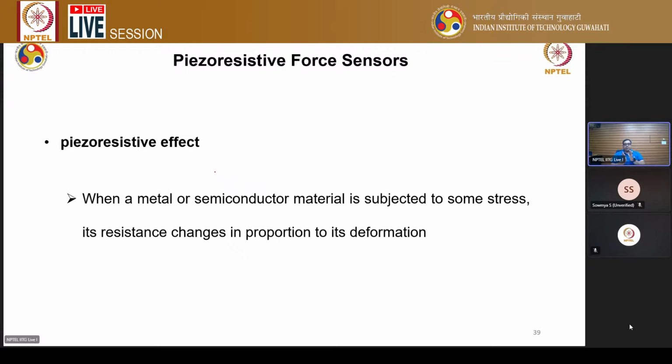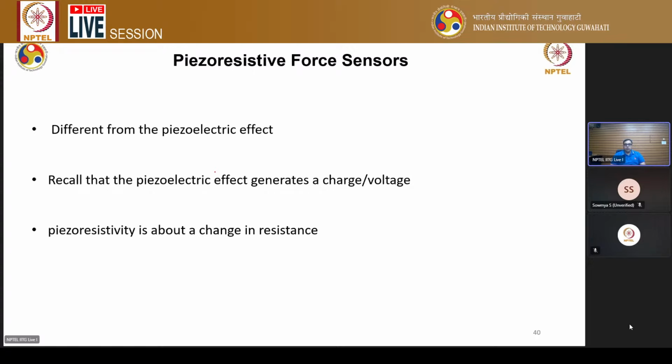When you have a material, be it a metal or a semiconductor like silicon, which itself has a very good piezoresistive property, and you subject it to certain kind of stress, its resistance changes, mostly in proportion to the deformation that you apply. This effect is different from the piezoelectric effect, so do not get confused between piezoresistivity and piezoelectricity.